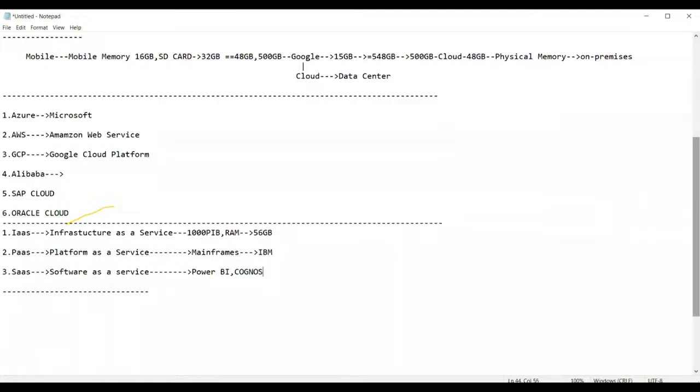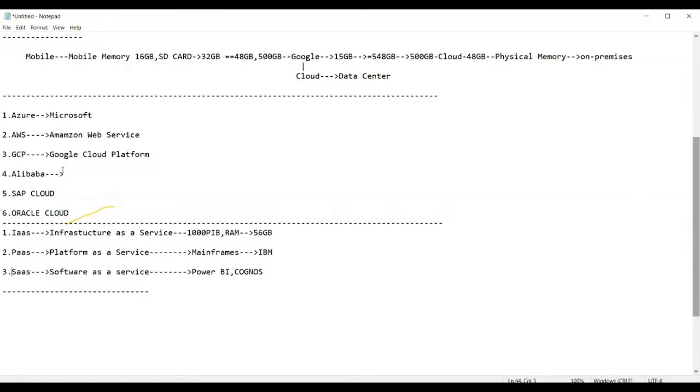You need not buy the license of this, need not worry about this. Simply you need to inform your cloud provider that you require it. He is going to buy that for you. Everything is taken care of by the cloud provider in the service called what? Software as a service.